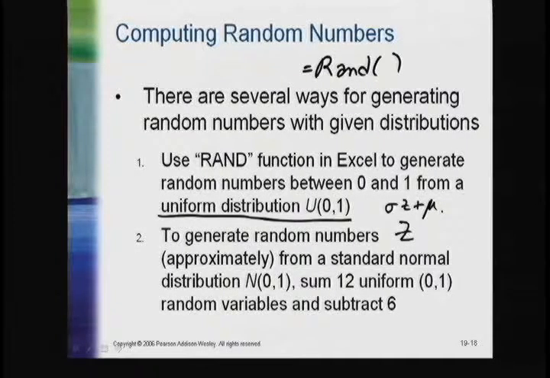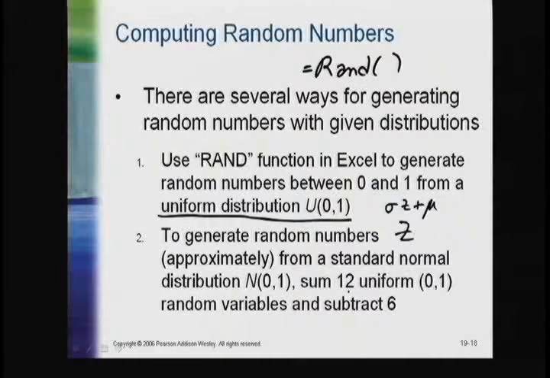One approach is an approximate method using the central limit theorem. The central limit theorem, you recall, says that if I take an average of random variables, subtract the mean and divide by the standard deviation of that average, it converges to the normal as n, the number I sample, gets big. It turns out that convergence is pretty quick when I start off with a uniform distribution.